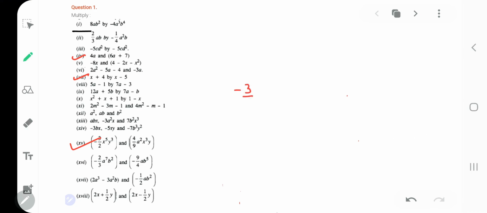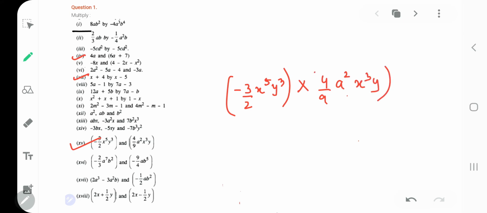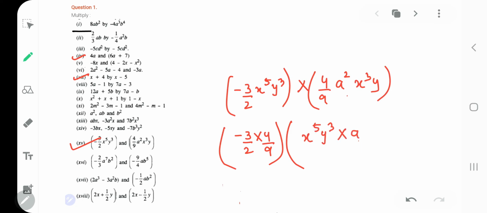Next I will be taking problem number 15. That is minus 3 upon 2 x5 y cube, which is multiplied with 4 upon 9 a square x cube y. Again, as I said, you have to multiply number with number, and you have to multiply your x5 y cube with a square x cube y. Now my dear kids, when you multiply number with number, you have 3 4s are 12.